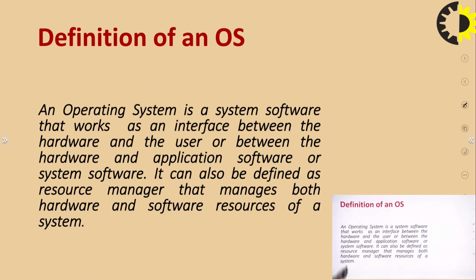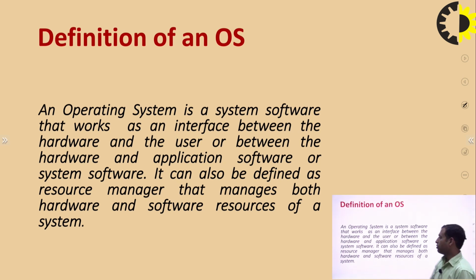So by definition, an operating system is a system software. System software means software which is used for the system's use. System software that works as an interface between the hardware and the user, or between the hardware and the application software, as we have seen in the figure. Or it can also be defined as a resource manager.